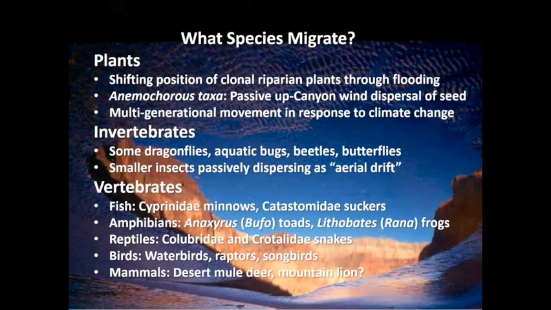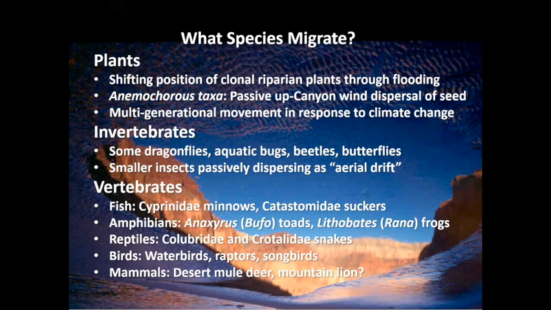Okay, so what kinds of organisms migrate? Do plants migrate? Well, plants can actually shift their position in space, and they do so in response to things like flooding, for example, clonal plants. There are also many species that are pollinated and move their seeds via the wind, and therefore they remain in these river corridors, like the Colorado River corridor in Grand Canyon, by passive up-canyon wind dispersal of their seeds.